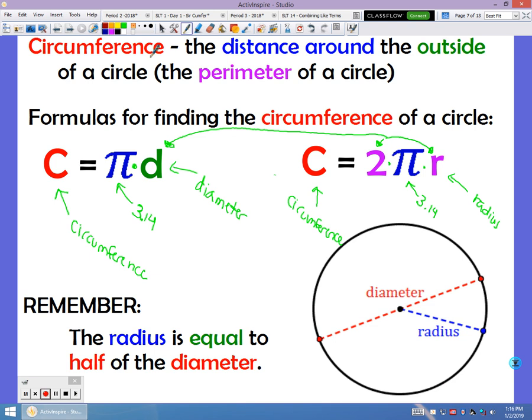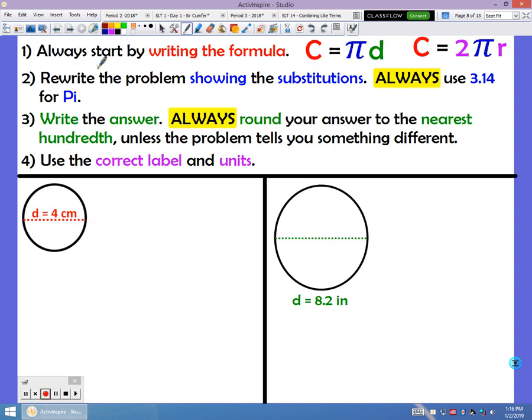So let's take a quick look at the steps that are listed on your note sheet. We are going to solve these using the algebraic process. That means we are going to write the formula, number 1. Step 2, we are going to rewrite it, but showing our substitutions, always using 3.14 as pi.